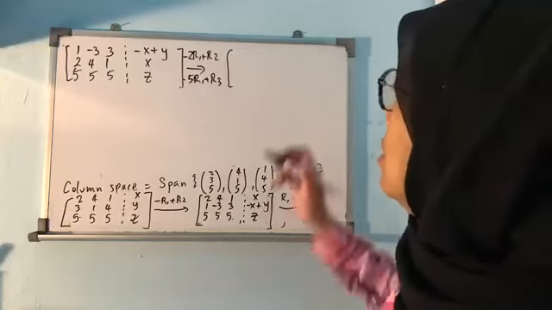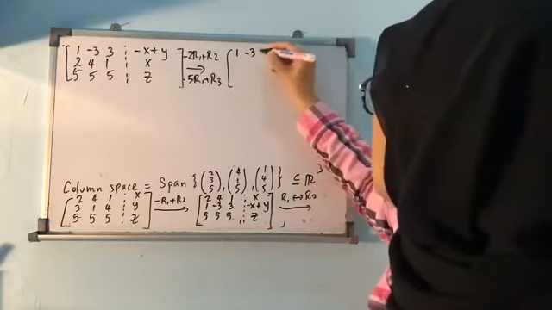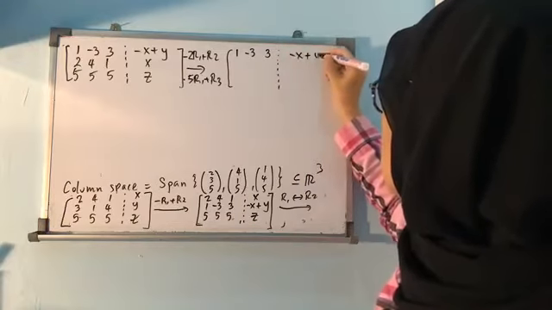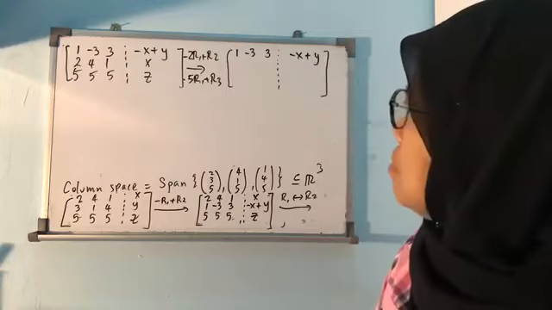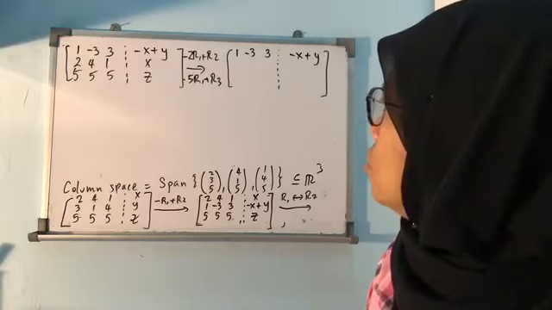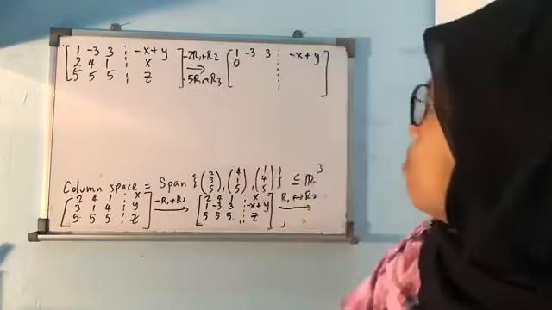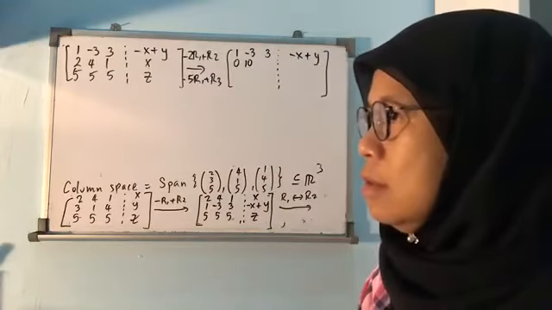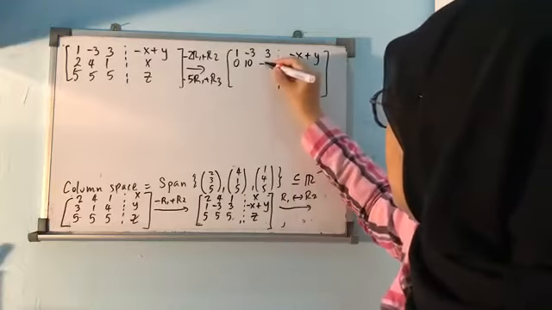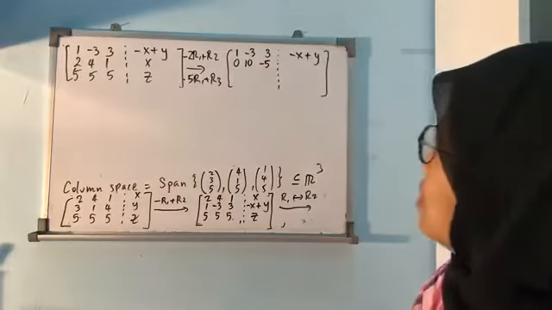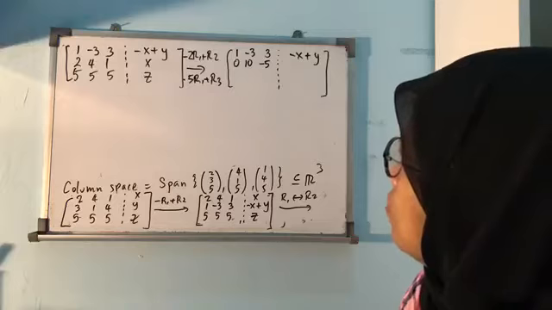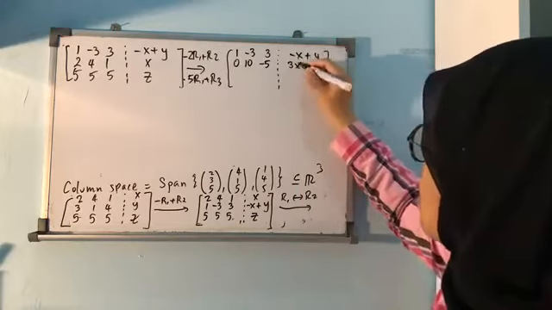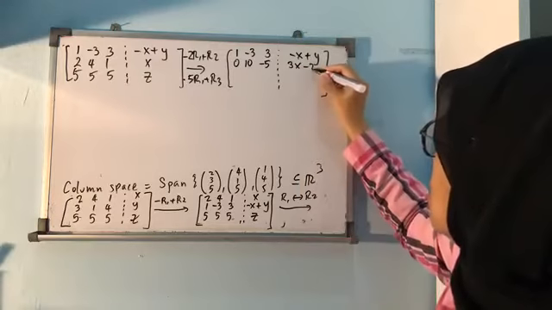Okay. So 1, negative 3, 3. Negative 2 row 1 plus row 2: 0, 10, negative 5, negative 2x plus x, 3x, minus 2y.